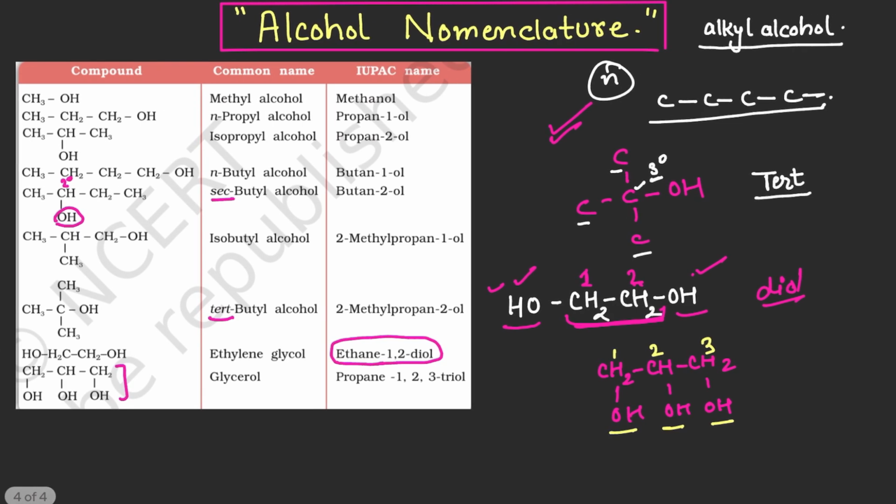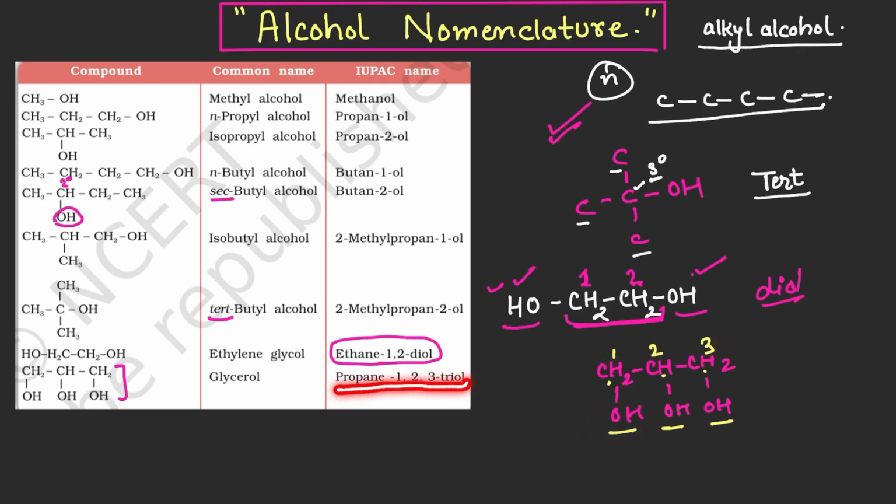So 1, 2, 3 is meth, eth, prop. So prop is there, and at 1, 2, 3 we are having triol. So I am writing propane 1, 2, 3 triol. So what is the common name of this? The common name of this compound is glycerol.